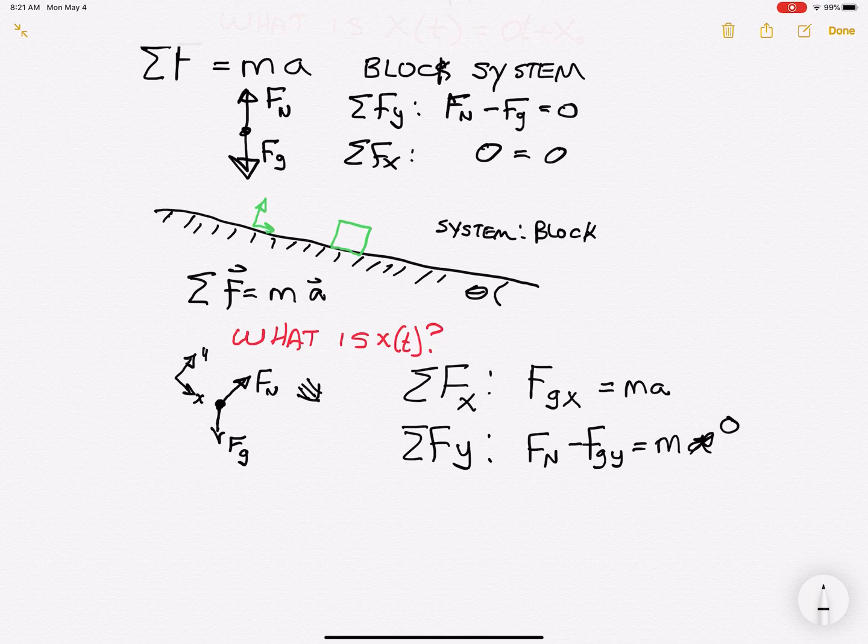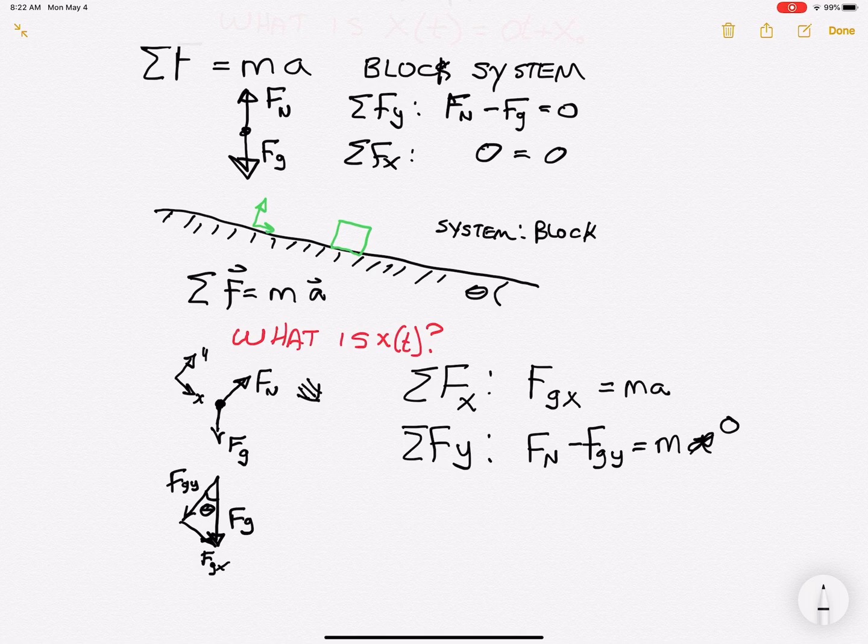So since we have to decompose Fg, we'll get the Fgy, Fgx, the full value of Fg, and our angle theta right there.